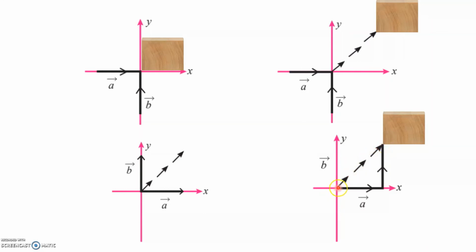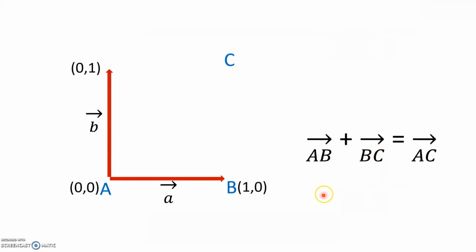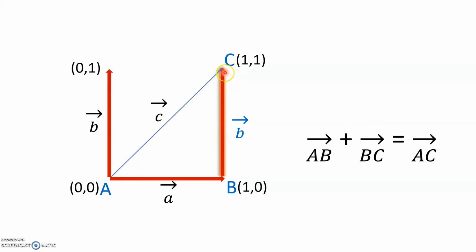Its length is between the origin of A and the terminal point of B, and its direction is also from the origin of A to the terminal point of B. So let's assume this is vector A and vector B, and let's move vector B here for our purpose of addition. So AB plus BC would give us vector AC.